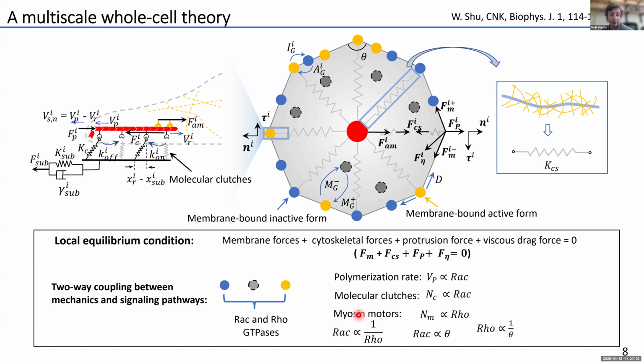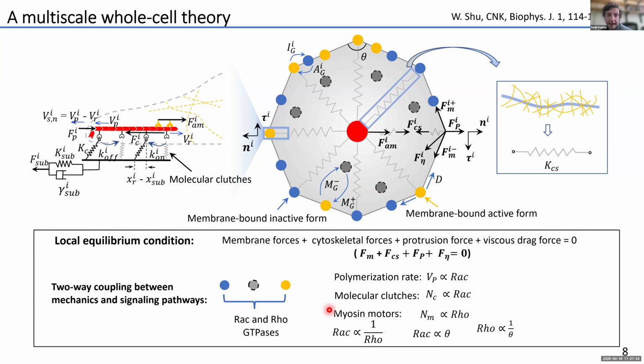But when it comes to myosin motors, which essentially amplify retrograde flow, when they are abundant, they are going to be proportional to the Rho signals. Okay, and also Rac and Rho actually mutually inhibit each other.